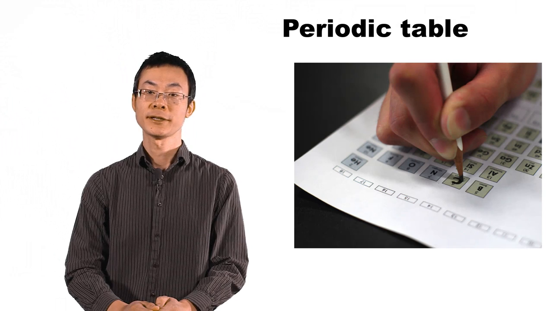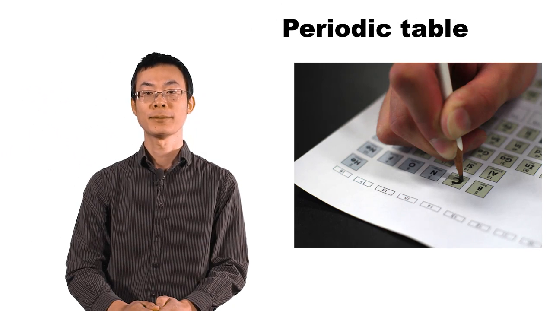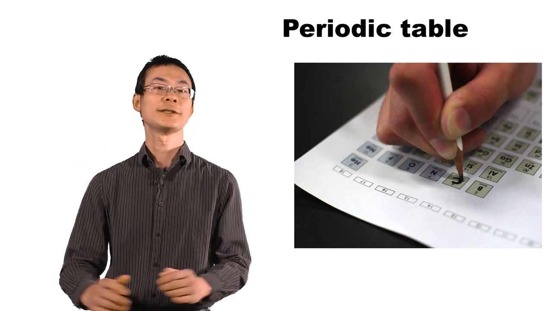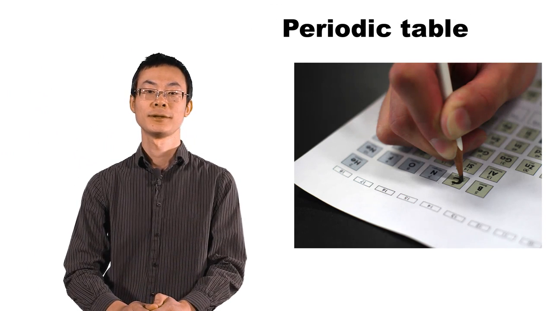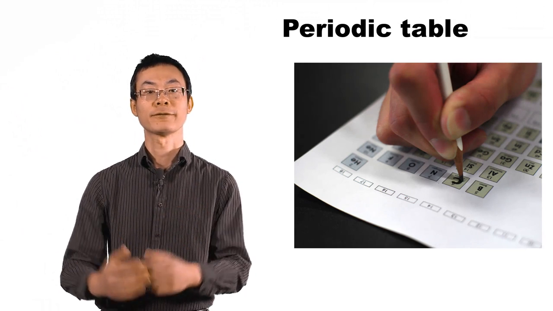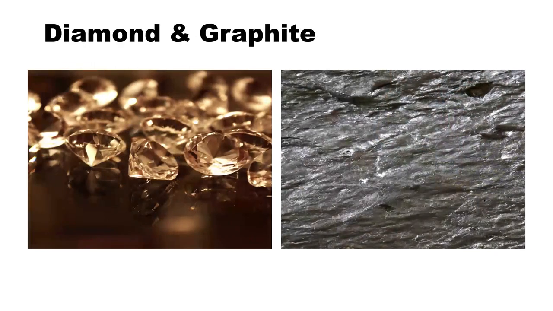Carbon, the sixth element in the periodic table, is one of the most fascinating elements in the world. It's the basis of life. There are two kinds of bulk carbon crystals, diamond and graphite. We all know that diamond is very precious, whereas graphite is abundant.